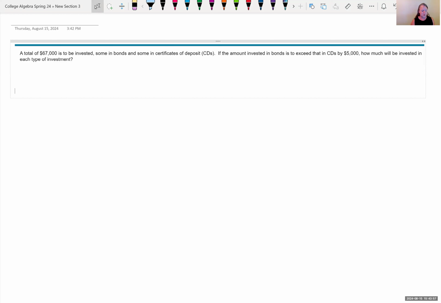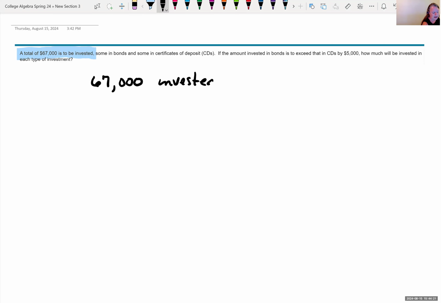So my suggestion when you're dealing with word problems, read through it and then start reading through it again and start bringing out the information and put it on the page. So I noticed that here we have a total of $67,000 to be invested. And I noticed that there's two different types of investments.